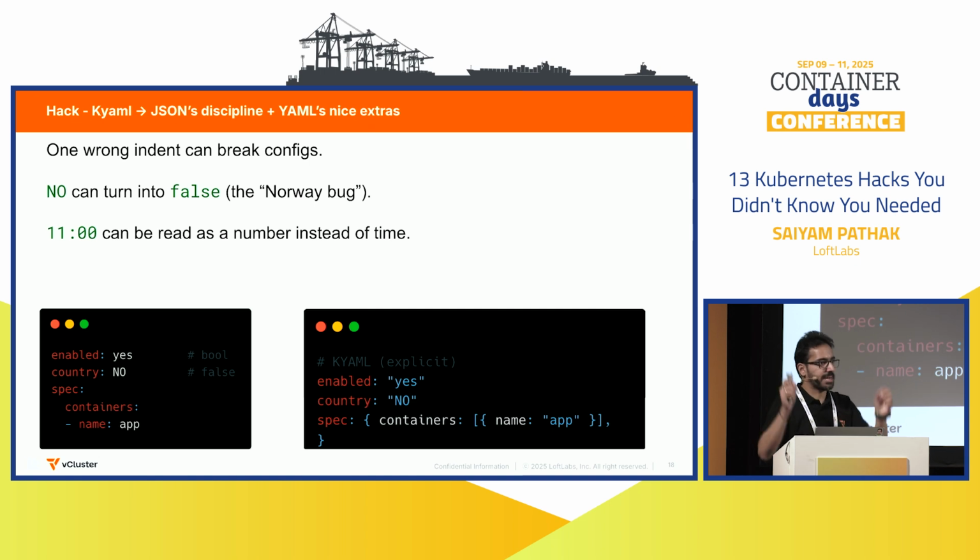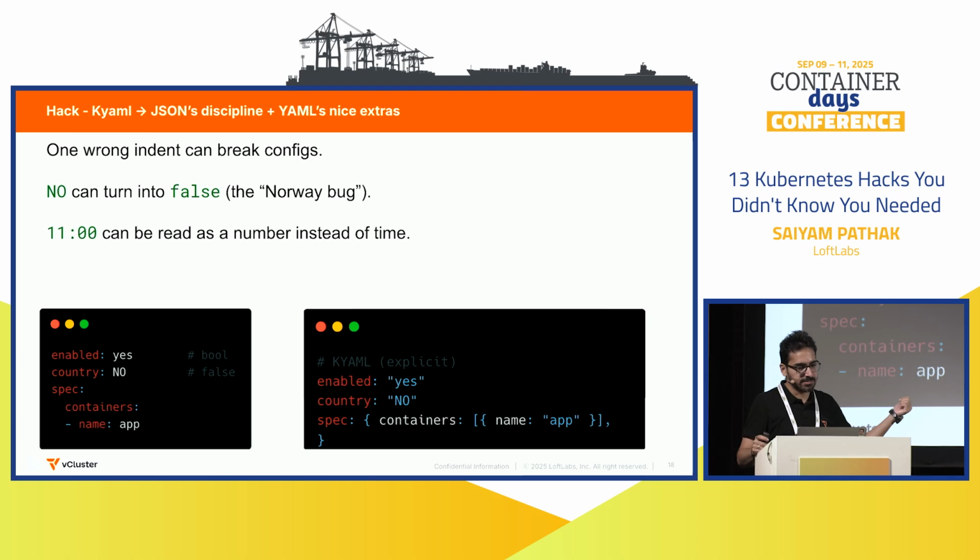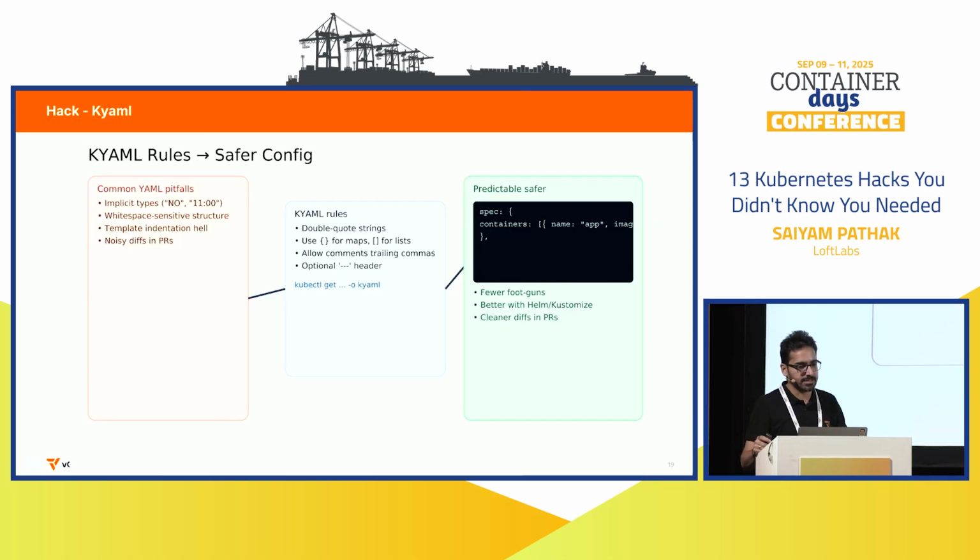So you specify that in a string so that it's always explicit that this is what we want to say, rather than no just becoming false as a boolean. And also 11 can be read as a number instead of time. So those are some of the things.